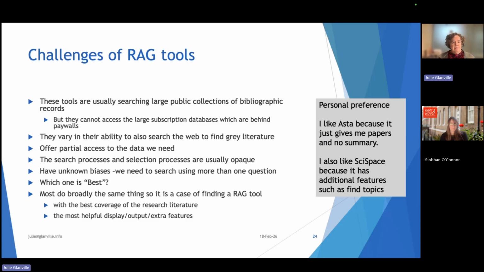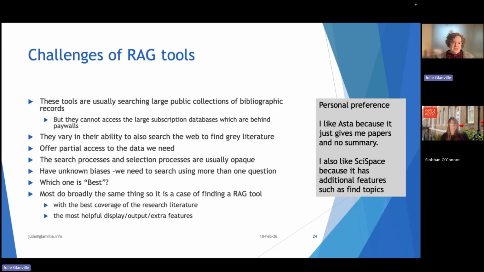They vary in their ability to also search the web to find grey literature. So some of them will go away and also do a web search, but most of them are searching these large collections of literature. So they're offering partial access to the information we need. So it's highly likely that the information coming back will typically be reaching those 75% levels of recall that we see in a lot of the published evaluations.